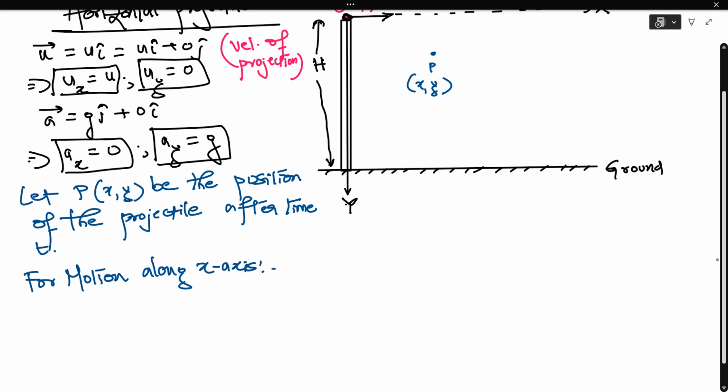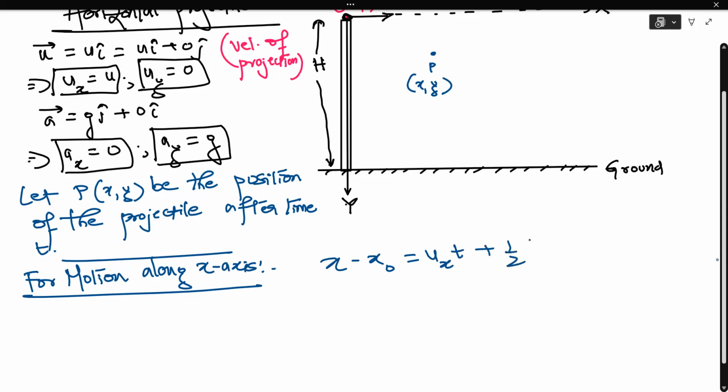So, for motion along the x-axis, if I want to find the relation between position and time, which equation will we use? s equals ut plus half at squared. And its x component was x minus x0 equals uxt plus half axt squared.